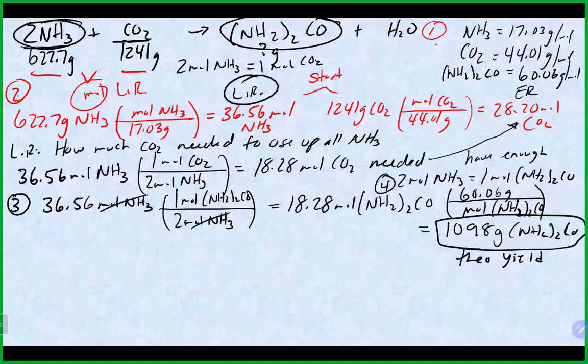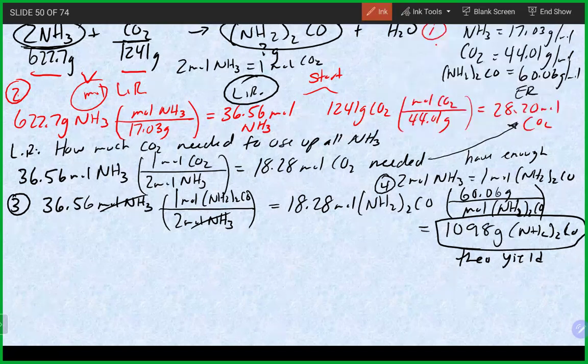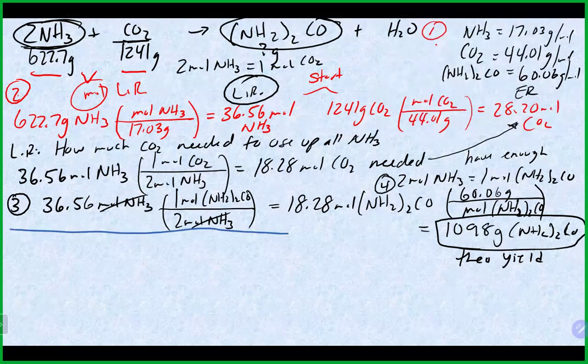Now, in this particular problem, it did want us to figure out how much of that excess reagent. And again, the benefit of doing it this way is we already have done that calculation for the second part of the question.